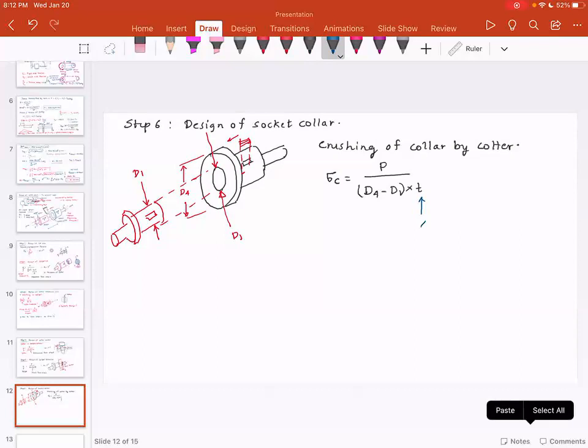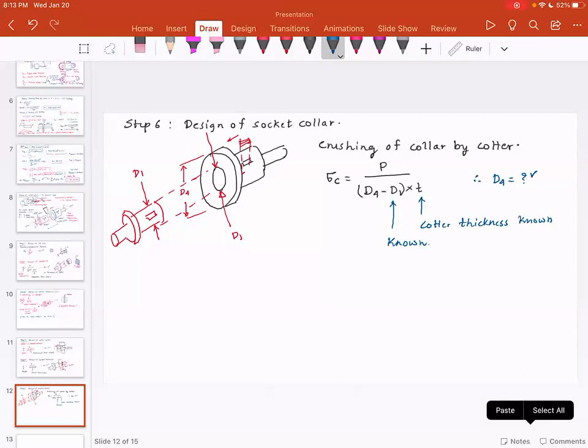This is cotter thickness. That is known. D1, the spigot diameter, is known. The only unknown here is the value of D4. And with this, we can find out the value of D4.